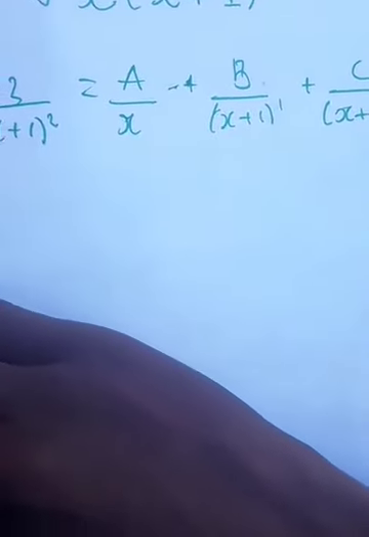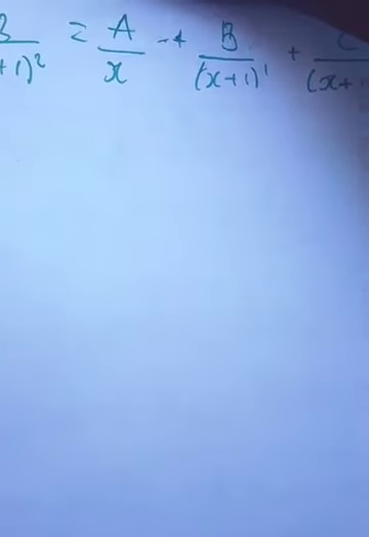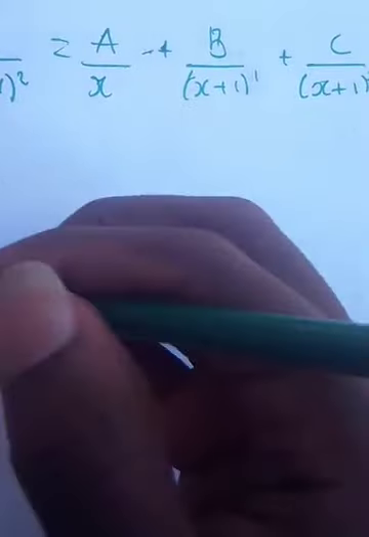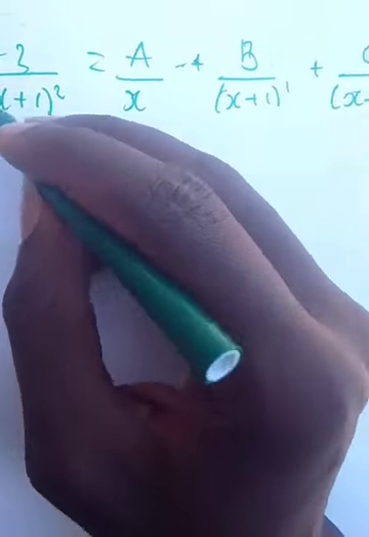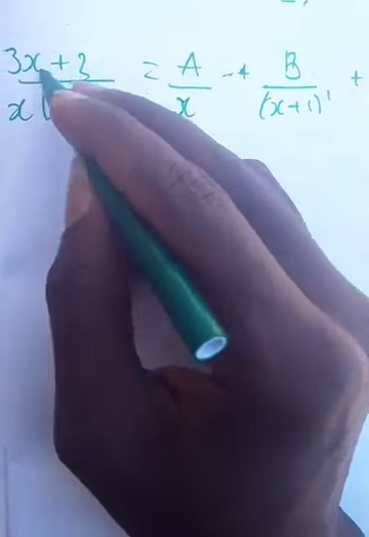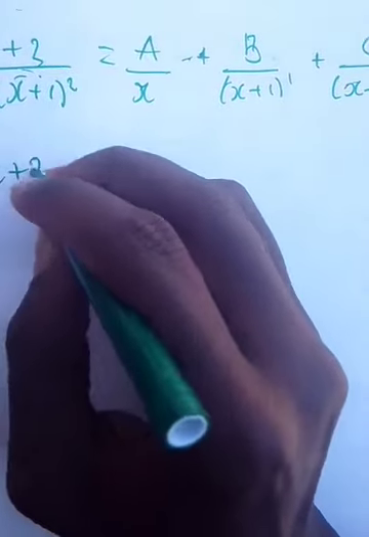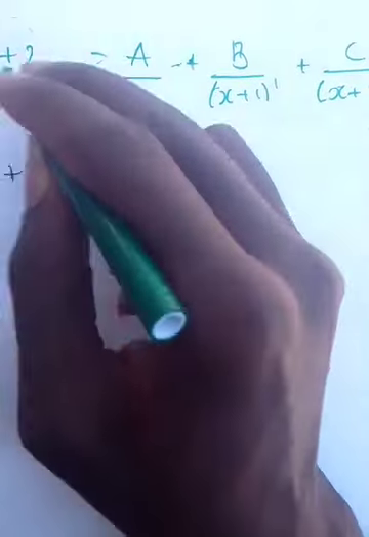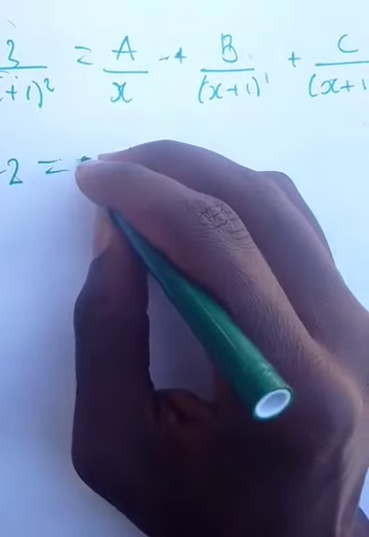For you to solve this question, you need to know how to decompose a fraction into partial fractions. So we are going to multiply this throughout so that we can just remain with the numerator. You're going to remain with 3x plus 2 when you multiply this one with the whole fraction. When I multiply with this one, it's going to give me a (x plus 1) power 2.